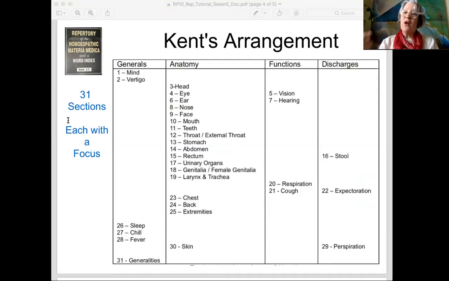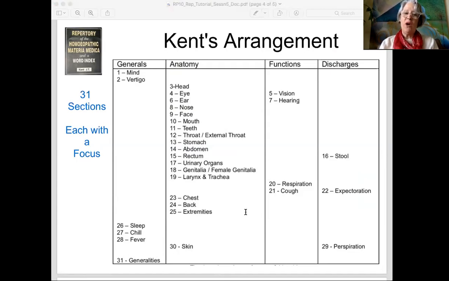And I want you to look, how many remedies are in there under mind forgetful? A few, a bunch, 7? How many have you got in your repertory? A lot. It's a big rubric.